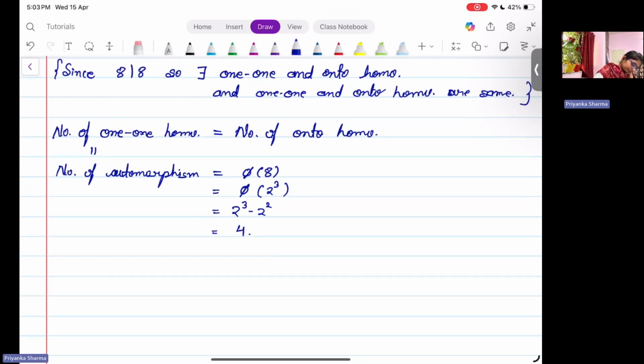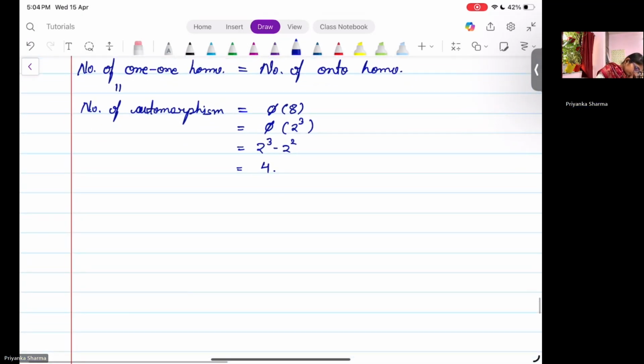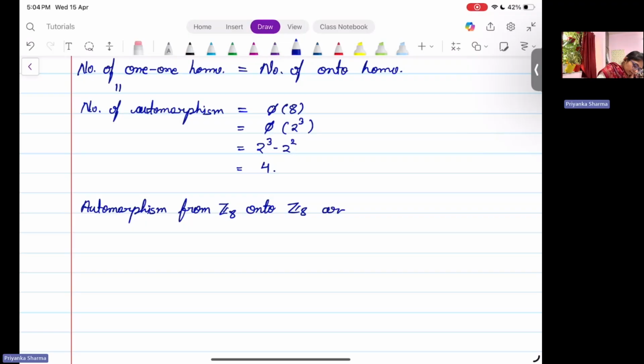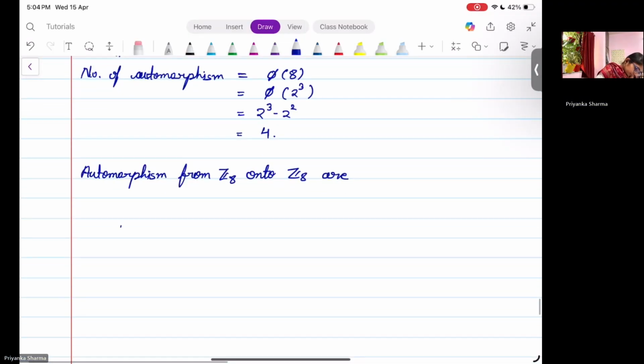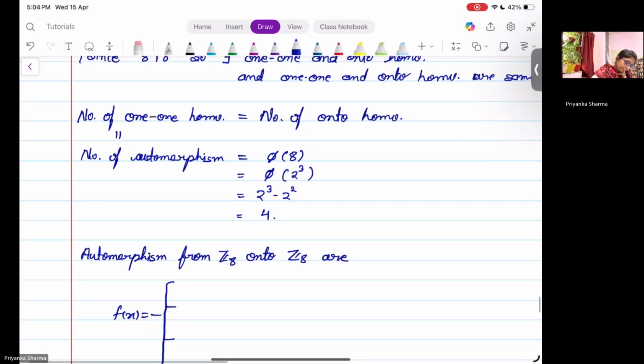So the automorphisms from Z8 onto Z8 are f of x is, okay.